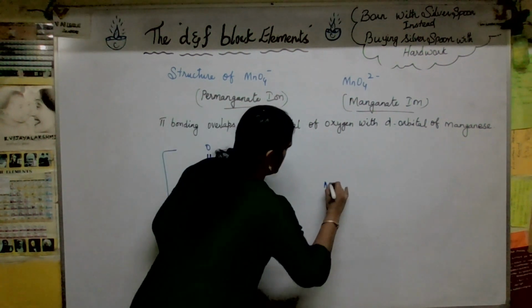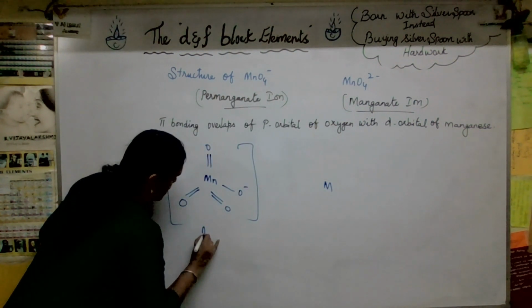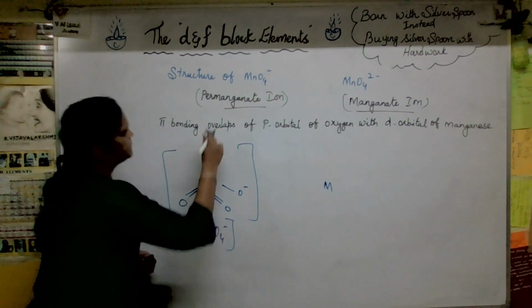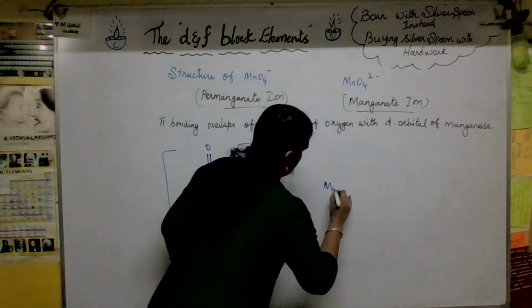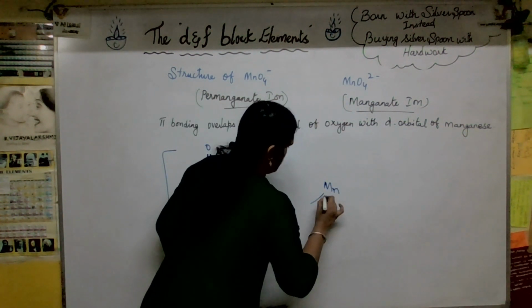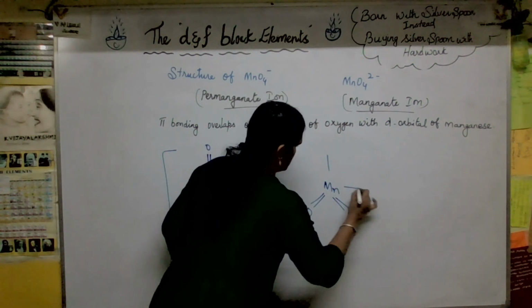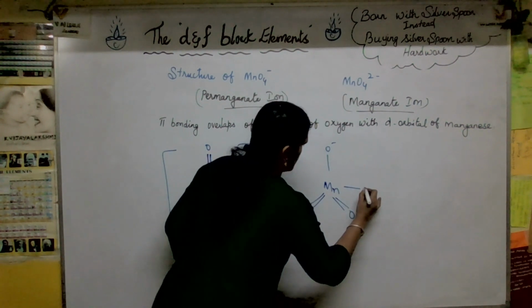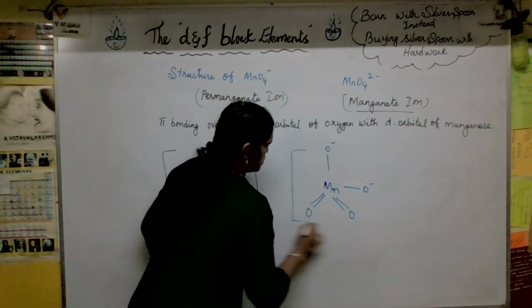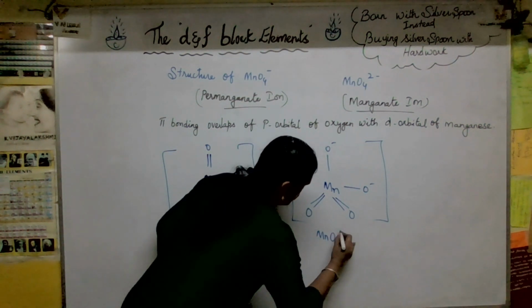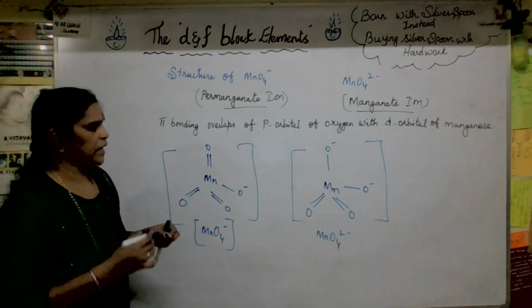Whereas another one is MnO4 minus, permanganate. The same way here: double bond O, here O and here single bond O. So this is the manganate ion, MnO4 2 minus. Hope you're clear with it.